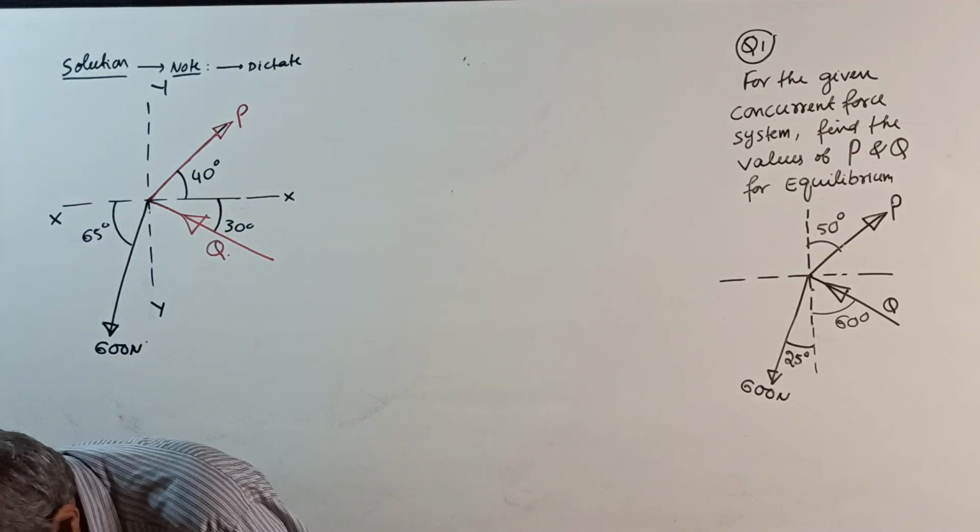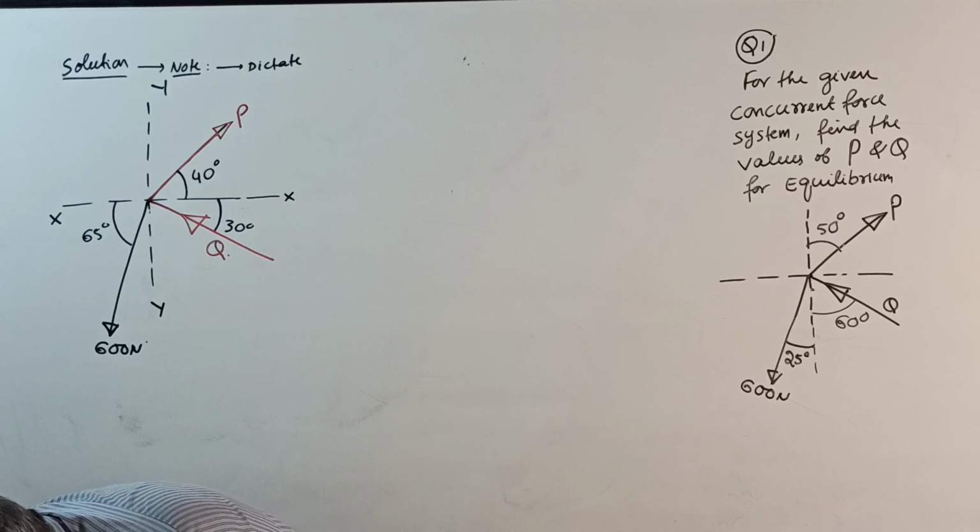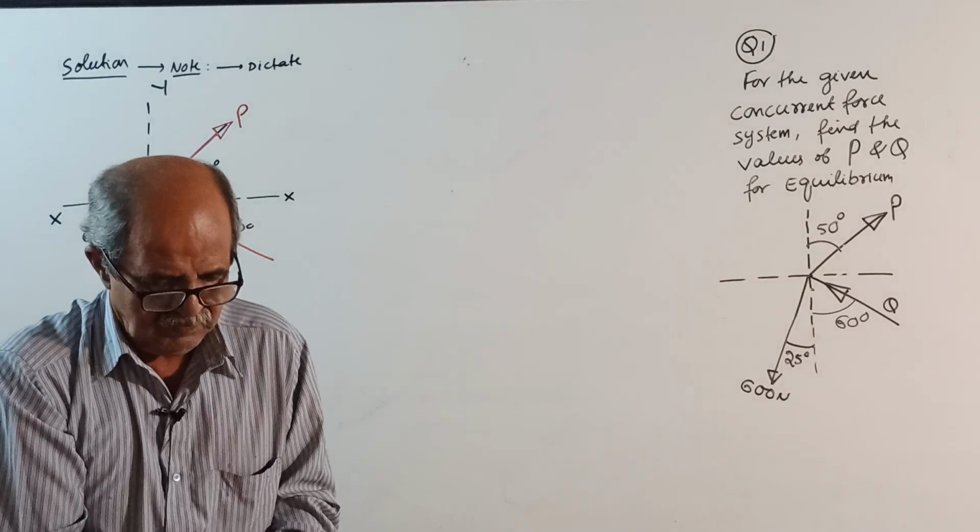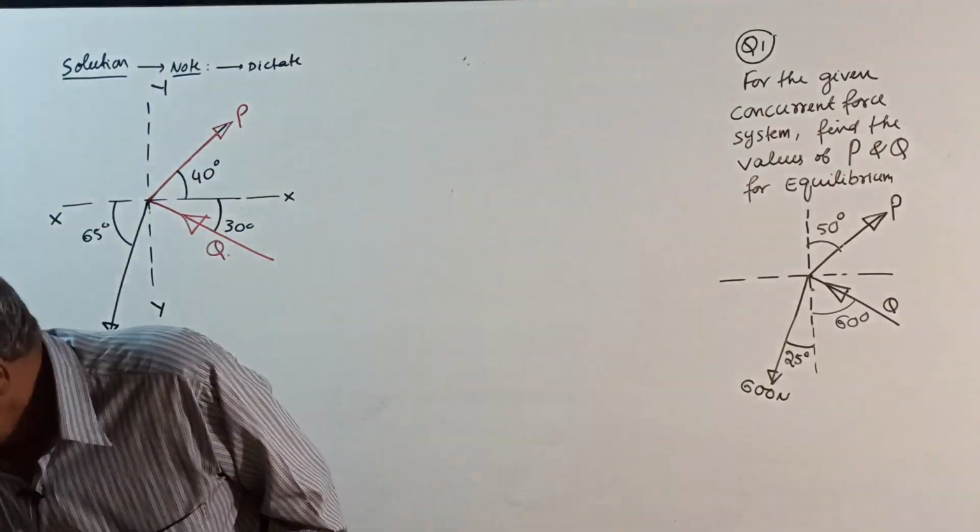Right time I am not getting the color. In the nick of time, I am not getting that color. Leave it. I will use black only. Is it here by chance? No, not there. Leave it.